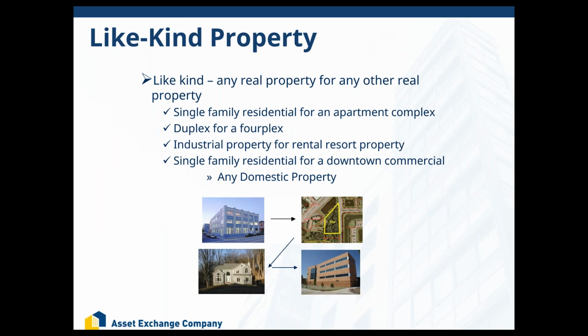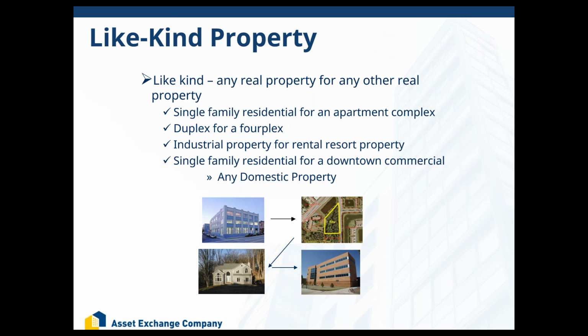So what exactly is like kind property? Like kind property is any type of real property that you use in your trade or business or that you hold for investment. You can sell that in a 1031 exchange, and you can replace it with any other type of like kind property, which is any type of real property that you use in your trade or business or that you hold for investment, right? So just because you own that single family residential home, that rental property, when you sell that in a 1031 exchange, you don't have to replace it with another single family.